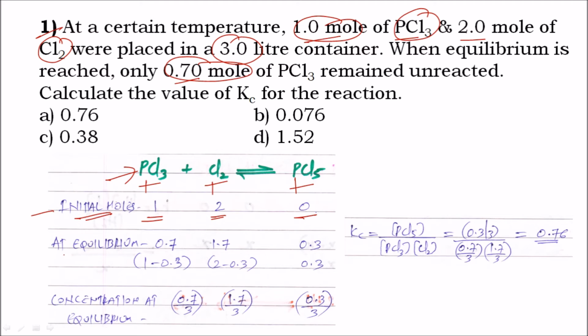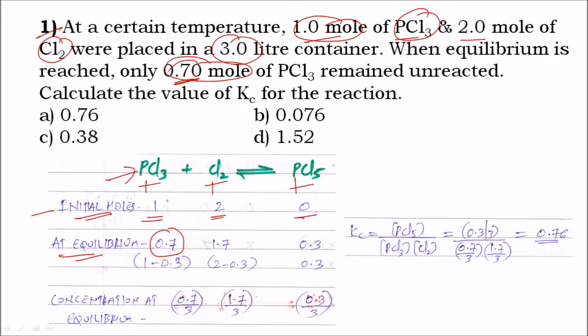Now at equilibrium, what are the number of moles of these 3 components, PCl3, Cl2 and PCl5? One more piece of data is given here: 0.7 mole. This value remains unreacted at equilibrium, so the amount of PCl3 at equilibrium is 0.7.